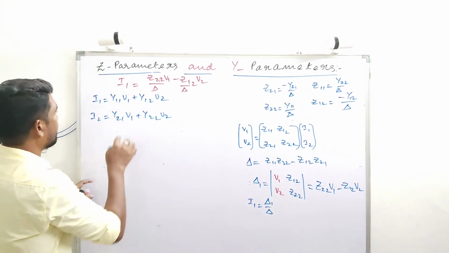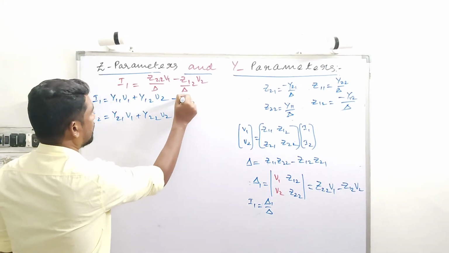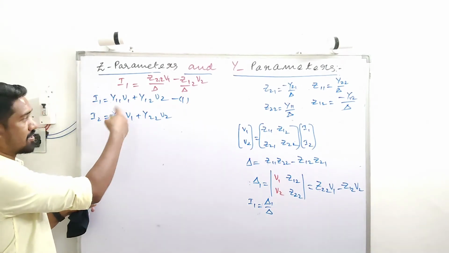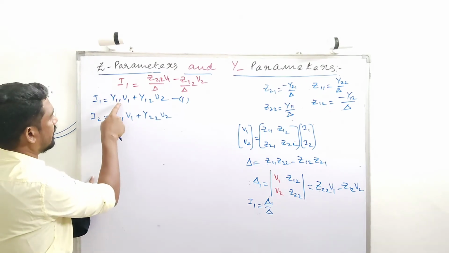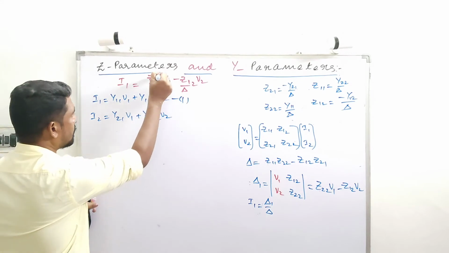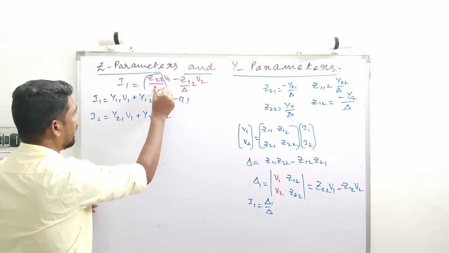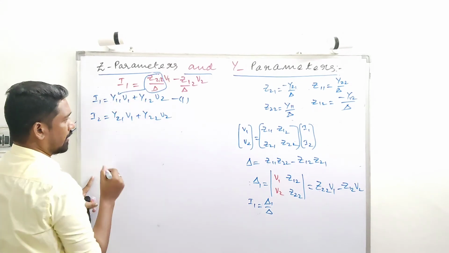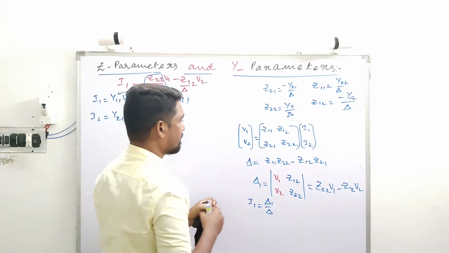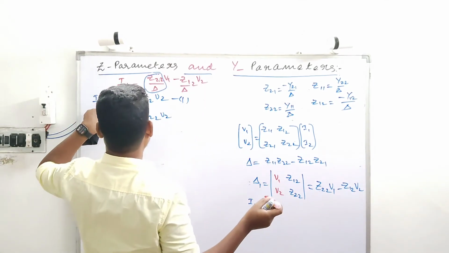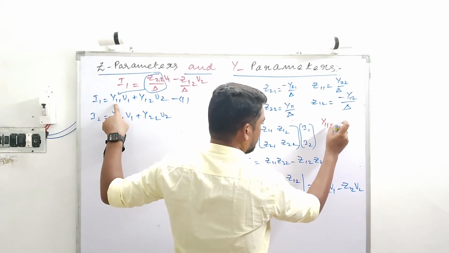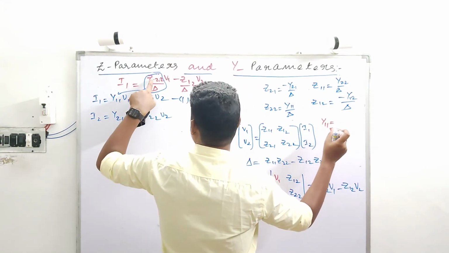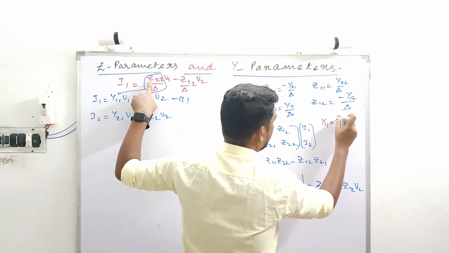Alright, so comparing this expression with the first describing equation for y parameters, with I1 and V1 over here, this Z22 by del will be equal to Y11. Let me write over that side. Y11 will be equal to Z22 by del.